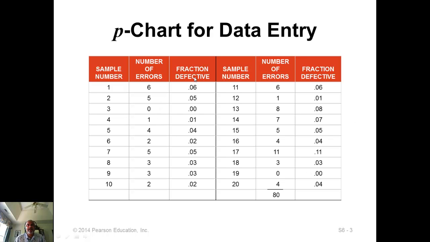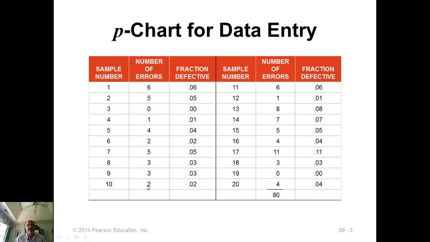If you take an average of all of this, that will give us P bar. There is an easier way of computing that P bar. Instead of adding all these up and dividing by 20, we can divide the total number of errors, which is 80, by the total number of records.